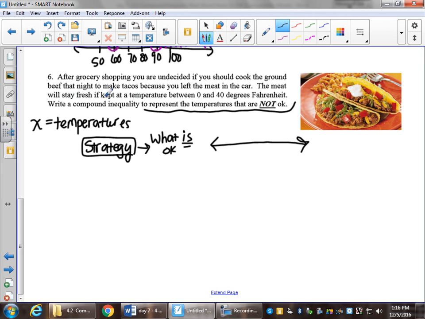The meat will stay fresh if kept at a temperature between 0 and 40. So this is what's okay. What's not okay is the opposite of this.